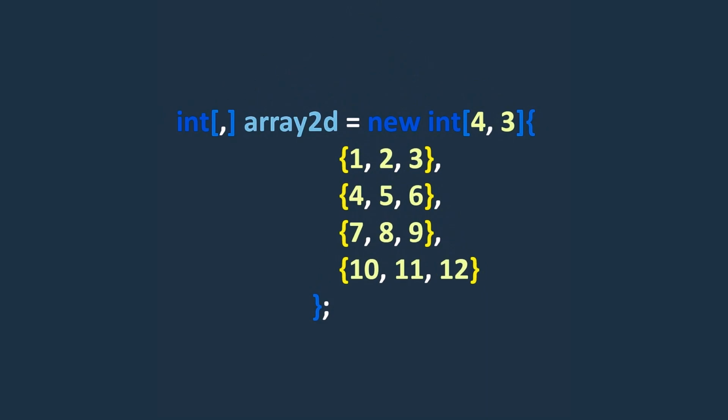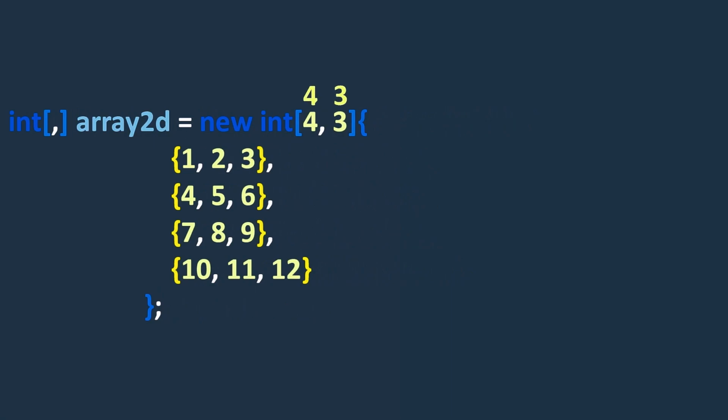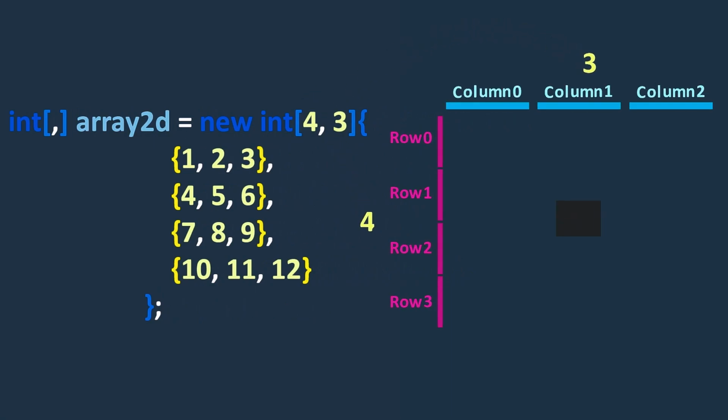Okay, 2D arrays are the most common multi-dimensional arrays. By using them, we can store data as a table with rows and columns. For example, here, we have an array that has 4 elements, and each of these elements is an array that has 3 elements.